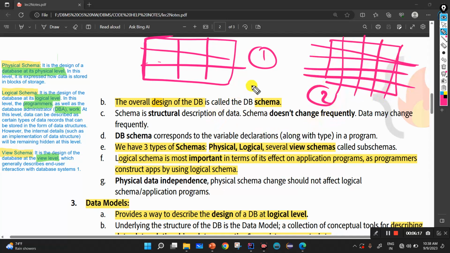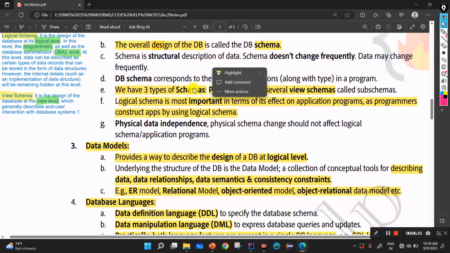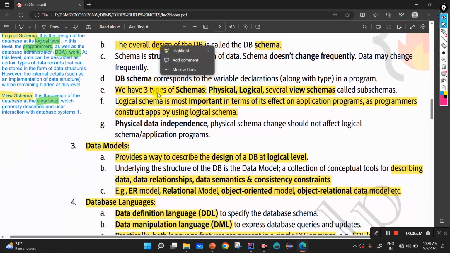So there are a lot of possibilities for designing a DB, but the overall design of the DB is called our schema. Schema is like a blueprint, structure, or architecture. Our schema is nothing but the structure, blueprint, or design of the DB.